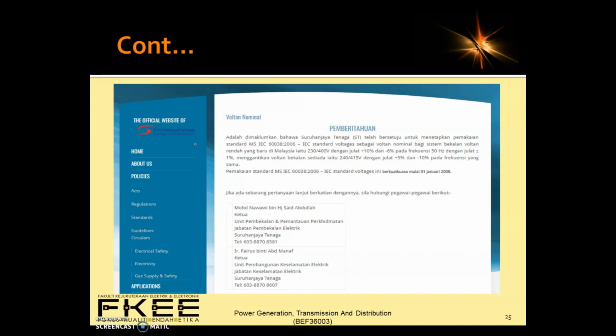As you can see here, starting on 1st of January 2008, the Energy Commission has agreed to use the MS IEC 60038-2006 IEC standard voltage as the nominal voltage for the supply system, which is 230 volt for single phase and 400 volt for three phase, with a range of plus 10% minus 6% at the frequency of 50 Hz, plus minus 1%.